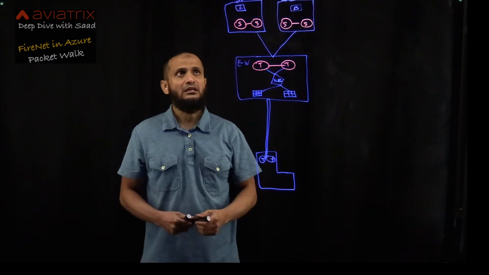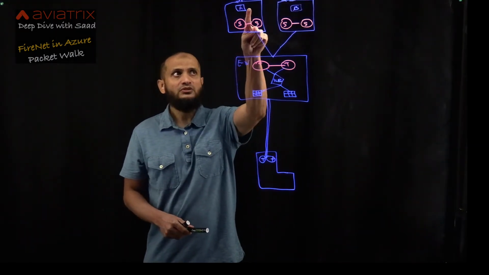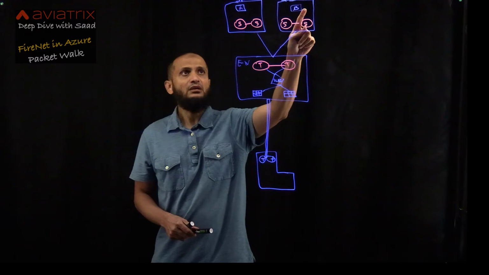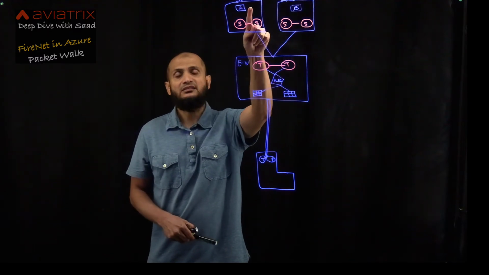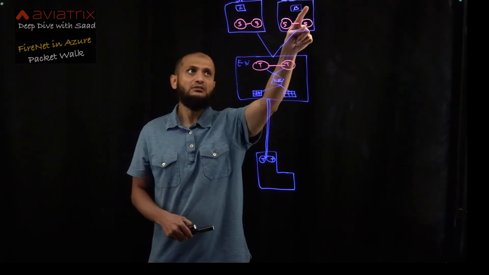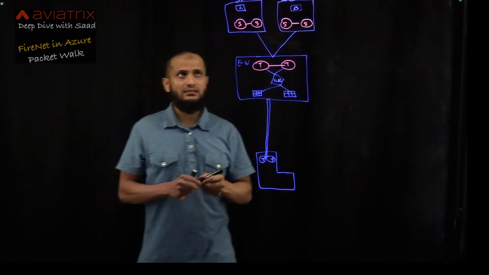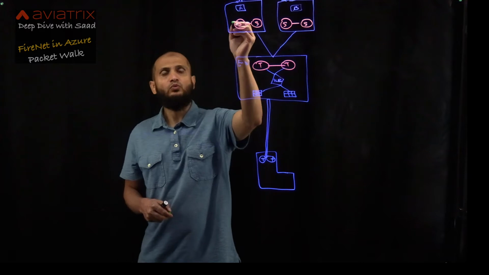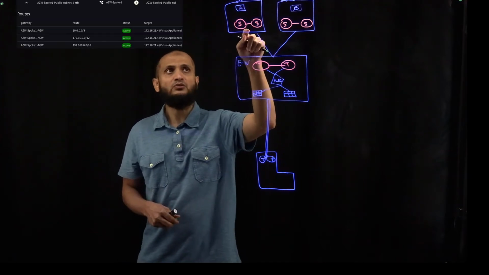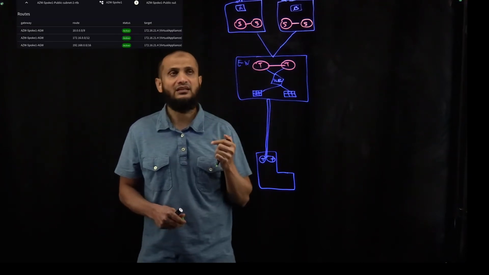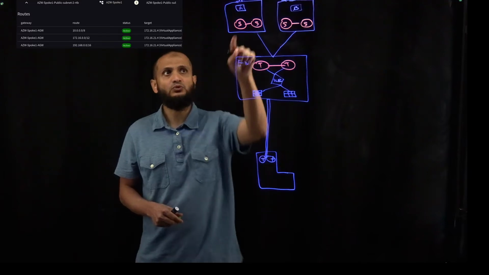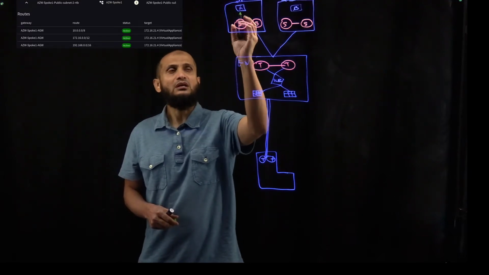Okay, consider application A wants to communicate with application B. Application A is in spoke 1, application B is in spoke 2. Application A has its routing table where the Aviatrix controller is going to configure the RFC 1918 summary routes, which will be pointing towards the Aviatrix spoke.